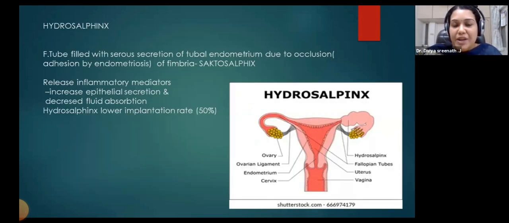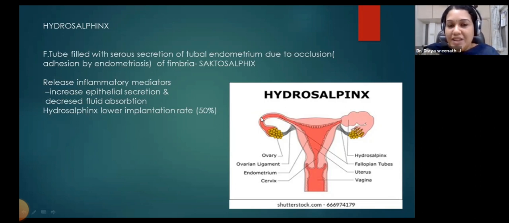Next is hydrosalpinx. Hydro means water, water which gets filled in the fallopian tube. That is known as hydrosalpinx. If there is some obstruction or occlusion in the fimbriated end, it can be due to infection or endometriosis. If there is inflammation and occlusion here, then what happens? With this inflammation-mediated cell response, there will be more secretion of fluid from the epithelium and less reabsorption.